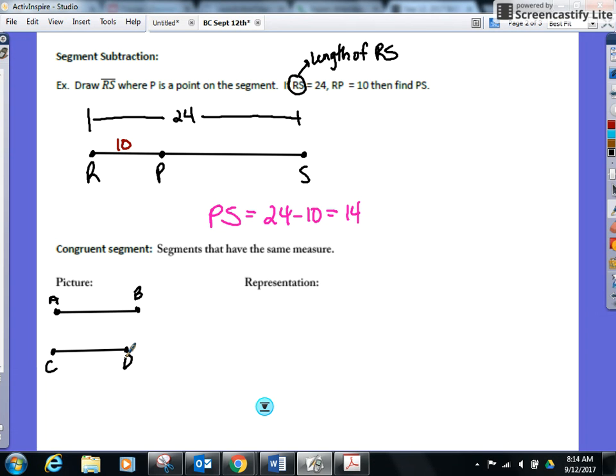How to write they're congruent. Everyone knows how to write segment AB in notation, right? We went over this at the end of class yesterday. Everyone knows how to write segment CD in notation. Now, does anybody know the symbol for congruent? This is usually a tough one. It is not a triangle, no. Okay, anybody?